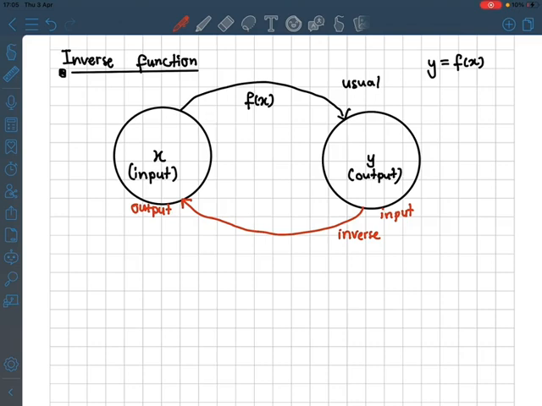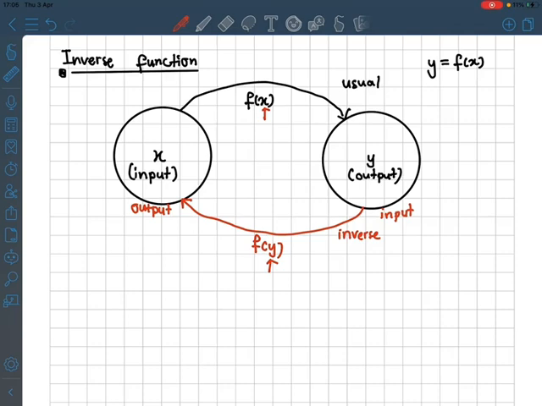So how can we represent it in mathematical notation? Well, I believe you know the answer. It will be f of y, because here you have f of x when you start from x, and this one you have f of y. But usually in mathematics, in this chapter particularly, we need to represent our function in terms of x.